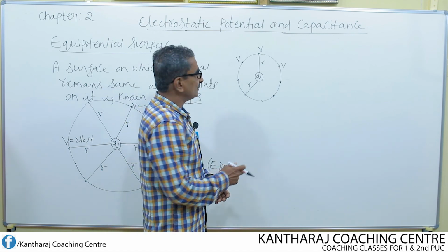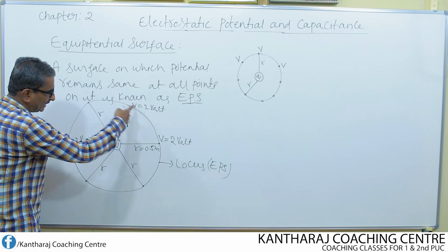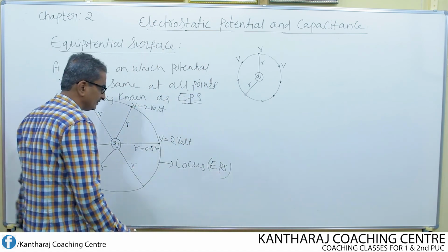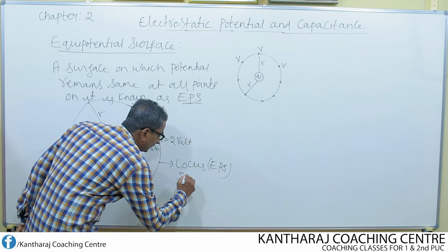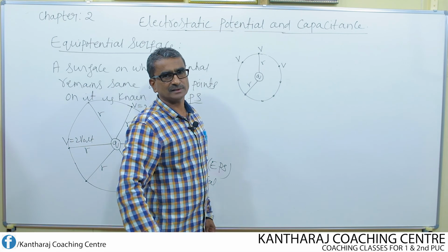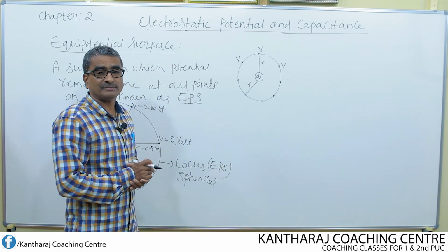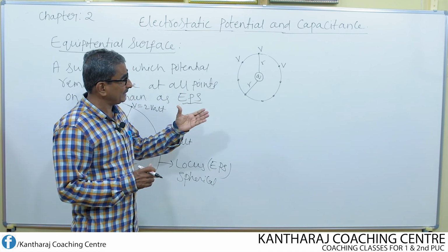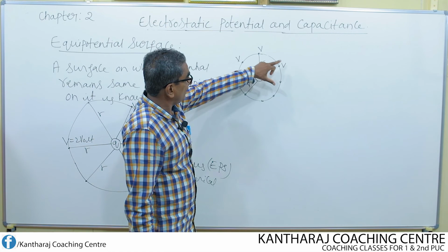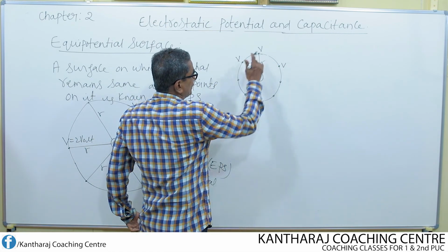So the surface I have drawn here is nothing but an equipotential surface, which is spherical in shape. Provided I consider a charge here, all around the charge at the same distance, the potential remains the same.